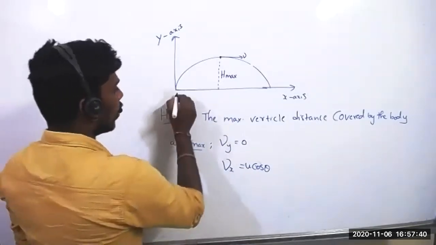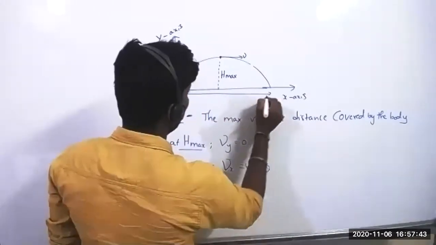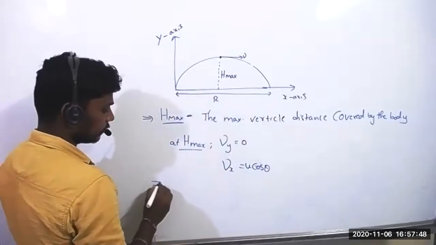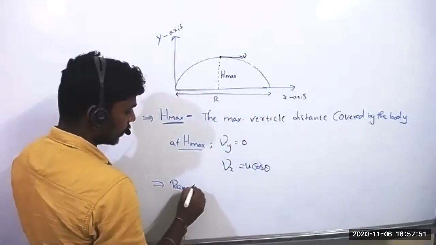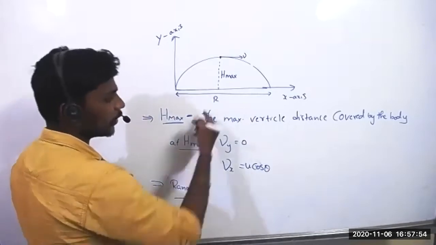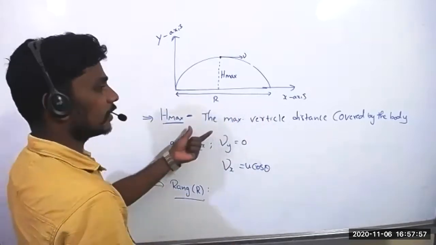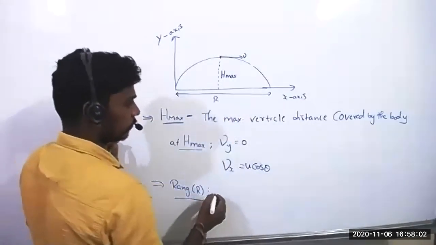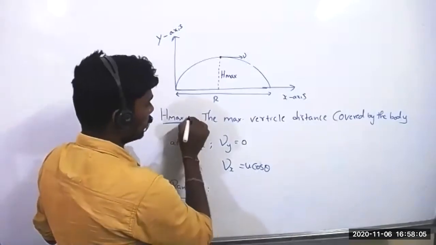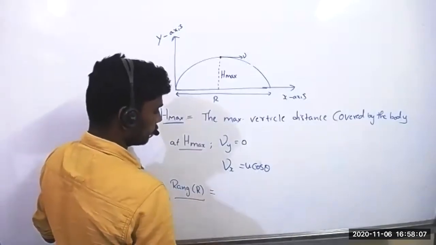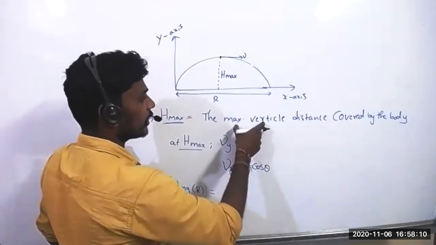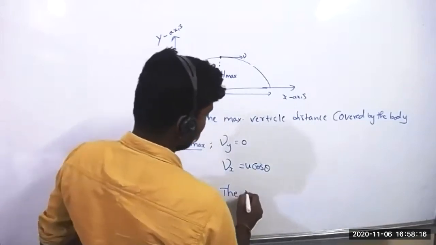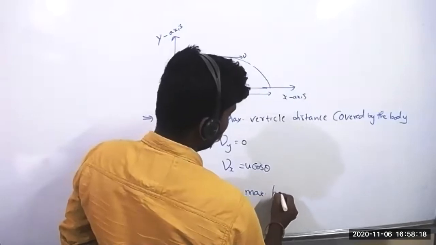Now I'm going to represent one more, that is R. This R is nothing but range. What is range? By using the same kind of definition, can you say?